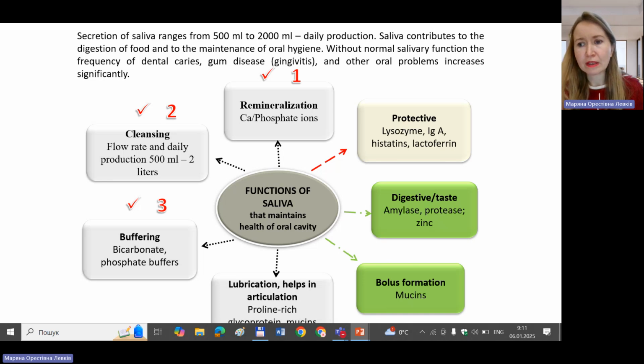Protective function is maintained by lysozyme, immunoglobulin, histatins, lactoferrins. Digestive or taste function is done due to amylase, proteases, and zinc. And bolus formation is done due to mucins.